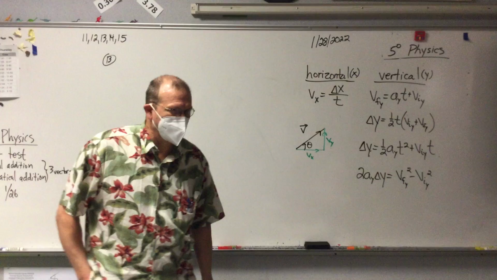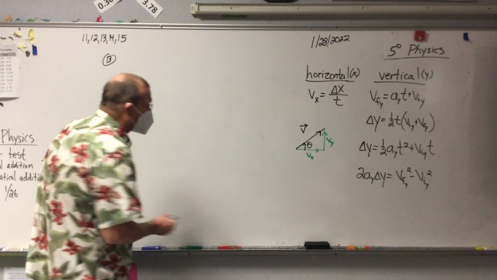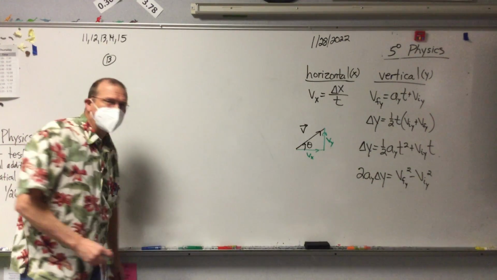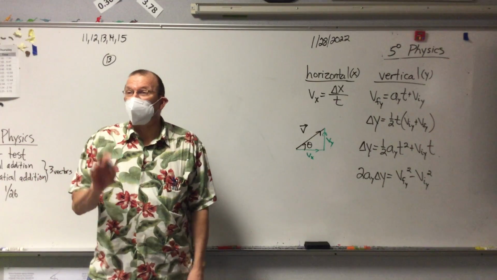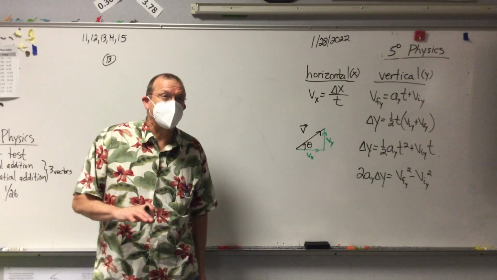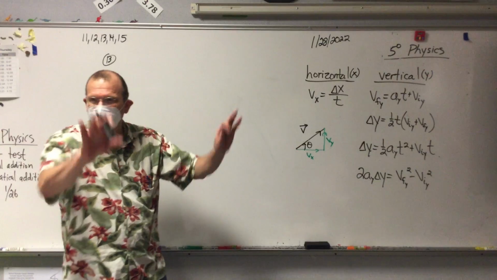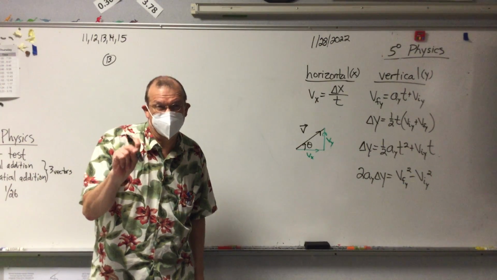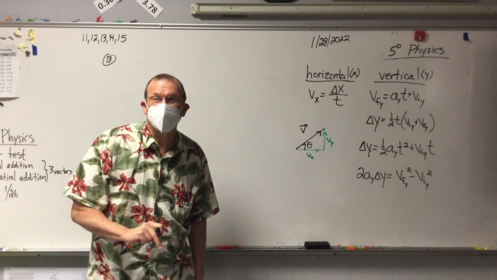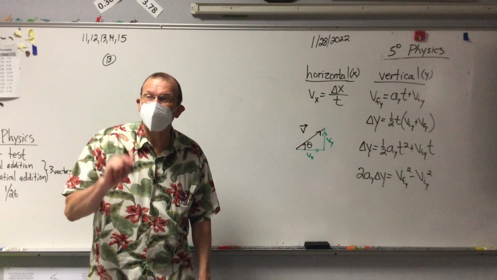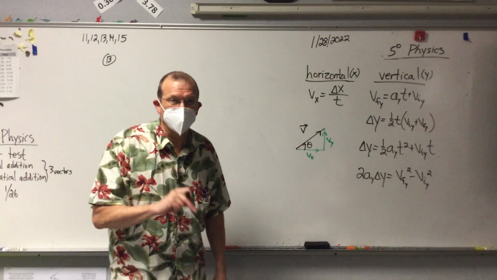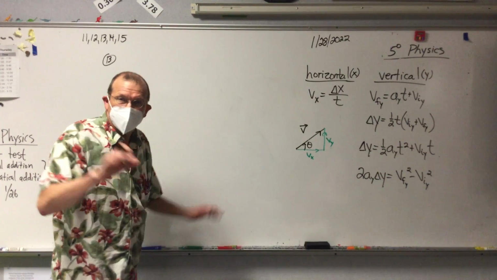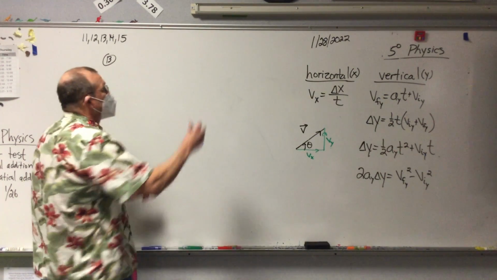Oh, this is a good one. I want you to draw a picture of this for me and see if it looks right, because that picture will be super helpful. I'm going ahead and drawing the picture.